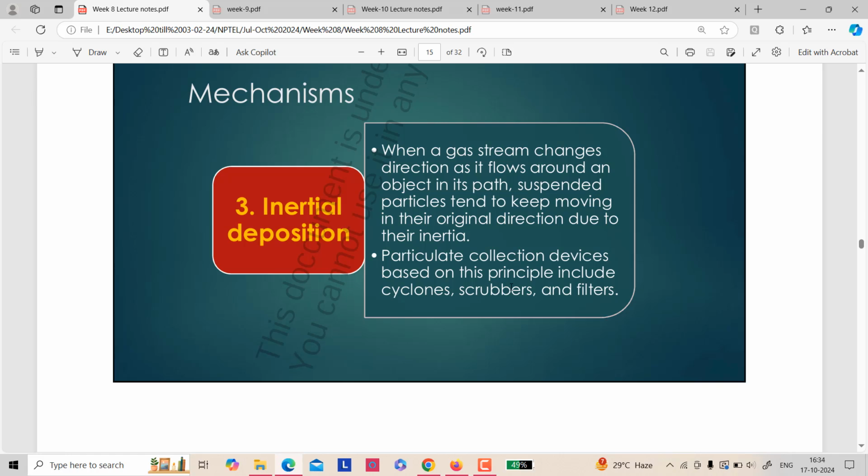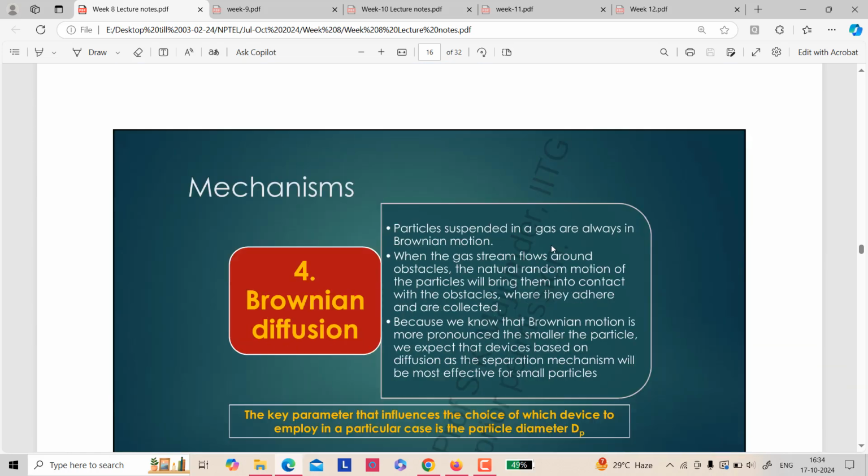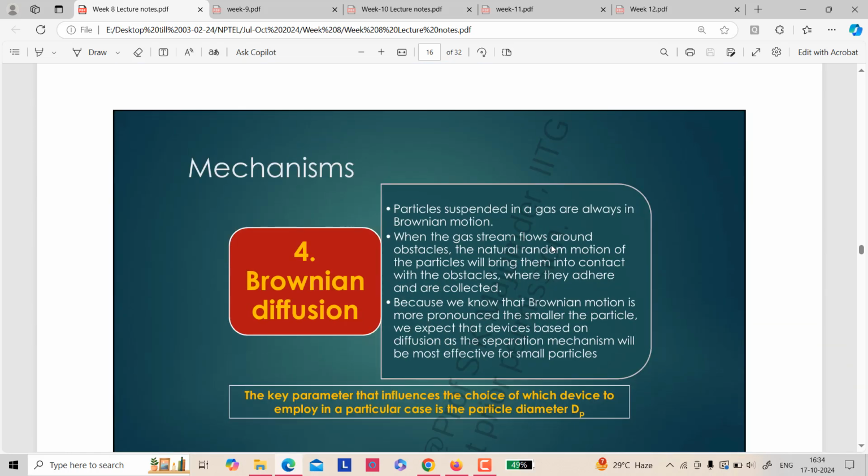When a gas stream changes direction as it flows around an object in its path, suspended particles tend to keep moving in their original direction due to their inertia. And the fourth one is Brownian diffusion. Particles suspended in a gas are always in Brownian motion. When the gas stream flows around obstacles, the natural random motion of the particles will bring them into contact with the obstacles, where they adhere and are collected.